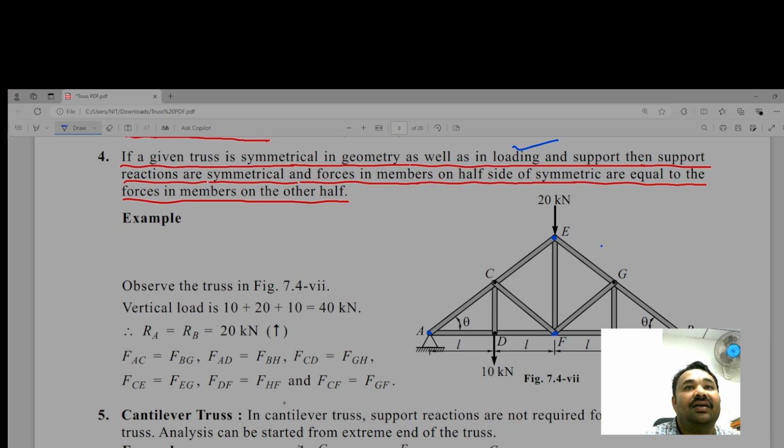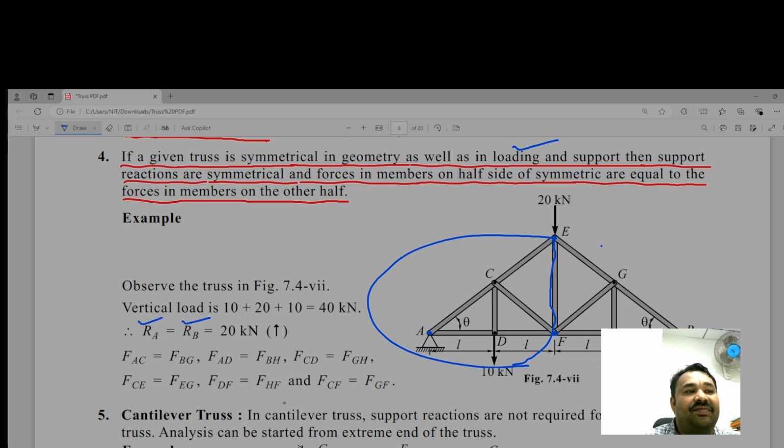So what it says is that in this case the reactions and forces, after getting the forces, half of the members, these members, will be equal to the other half of the structure. Similarly the support reactions: RA is equal to RB.